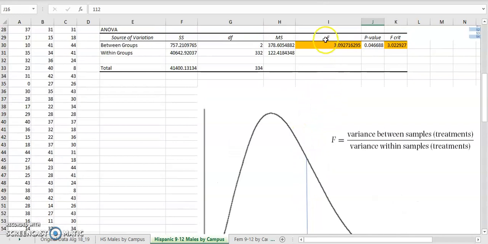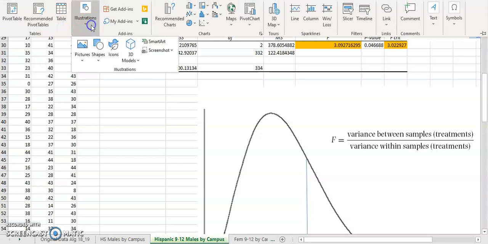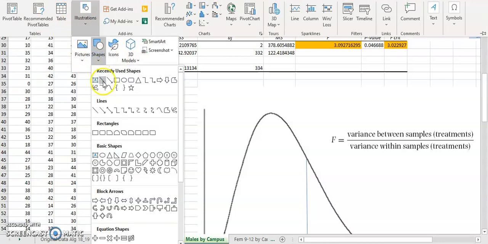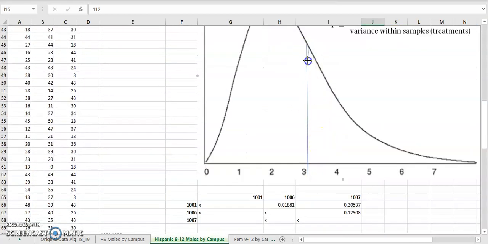Now I notice that my F is just slightly, it's 3.0927, and that's going to be slightly to the right. I'm going to go ahead and put that in here. And if I drew that in here, it's probably going to be a little bit closer than that, but just for this purpose.